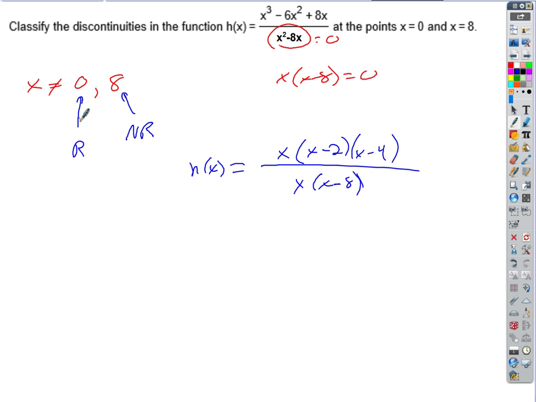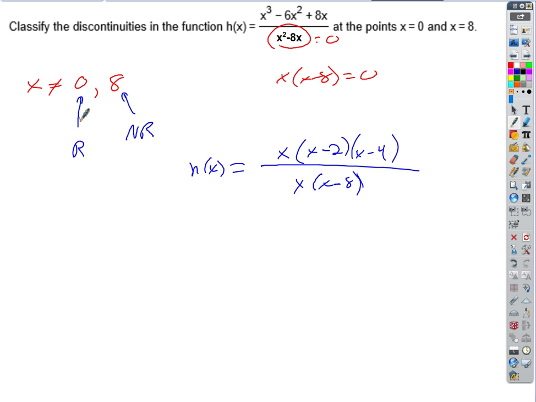So is that the only thing that makes it non-removable, if it's just in the bottom? Right. If it's just in the denominator, it's what we call a unique zero of the denominator. If it's a shared zero of the top and the bottom, then it's a hole, right?